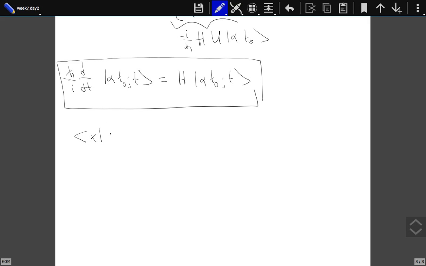Now let me put the bra x, minus I h bar d by dt of alpha t0 t. This is equal to H. For the Hamiltonian, I will assume that it has such a form: P squared over 2m plus V of x.